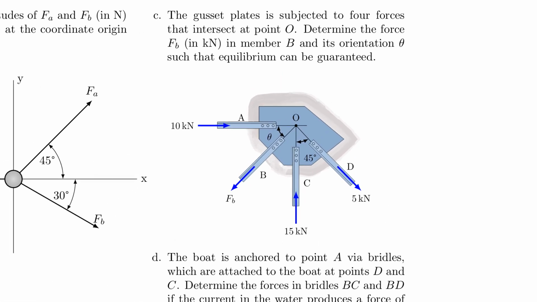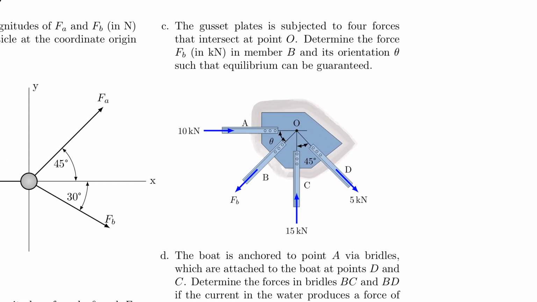This becomes interesting now. Here you will see a gusset plate, which is a very famous structural component. When we talk about trusses, you don't have to understand this here right now. But what you see is that there's one point of origin, which is the point where all the forces meet. And notice here that this is different from cables actually, because here you can also have a compression force.